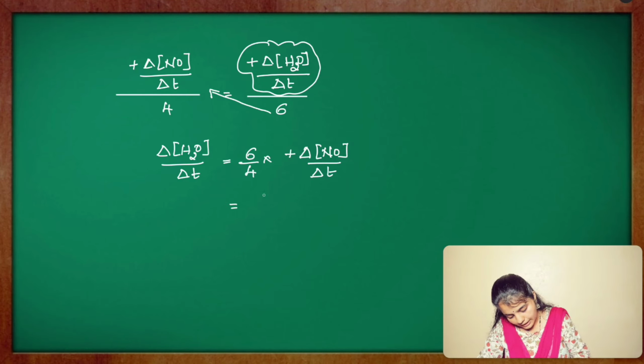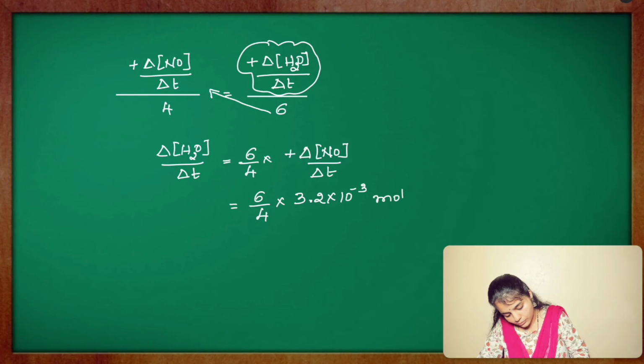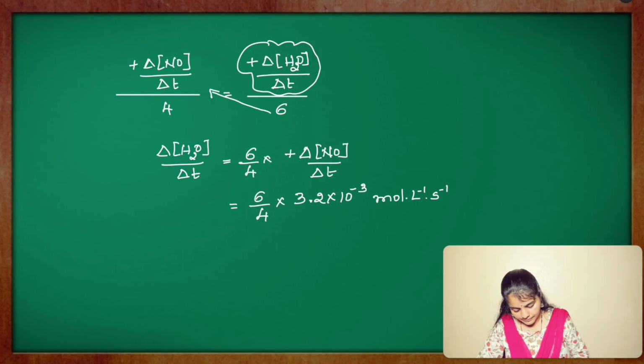So substituting that, we have 6 by 4 into 3.2 into 10 to the power minus 3. The unit is mole per liter per second.